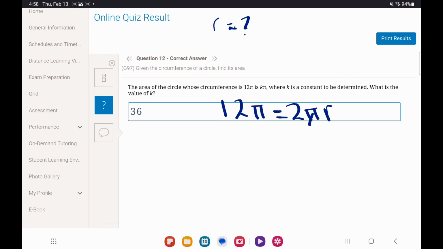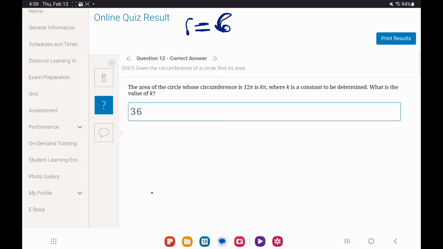So cancel the pi's, cancel 12 and 2, so it's 6 equals r. The radius is 6. So let's keep that there. Radius equals 6.